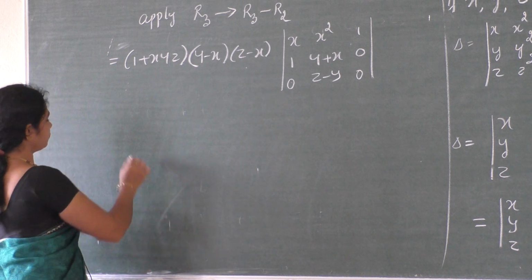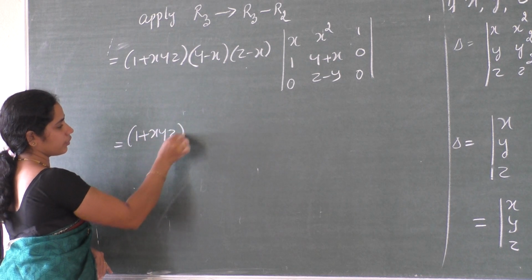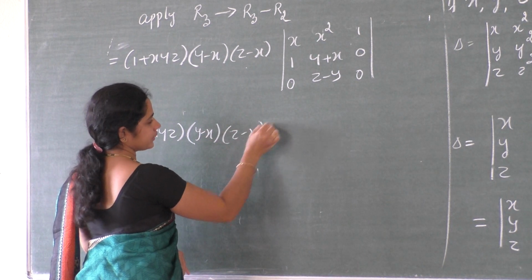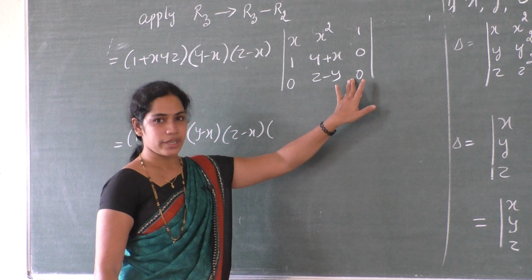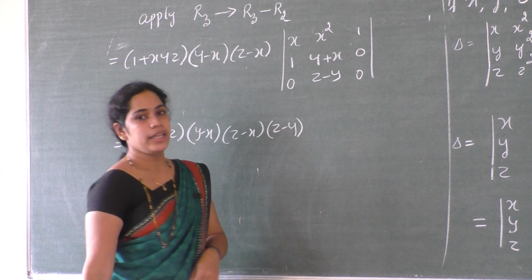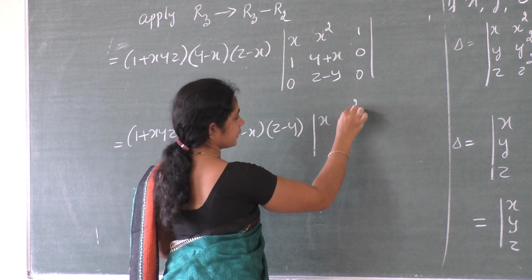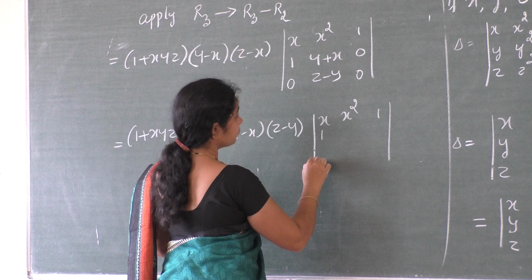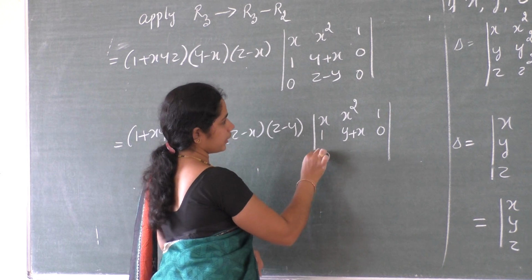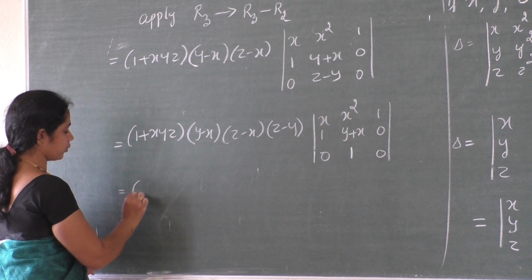Okay, now this is equal to 1 plus xyz into y minus x into z minus x into, take z minus y outside from the third row, z minus y into, what is remaining? x square 1, y plus x, 0, 0, 1, 0.